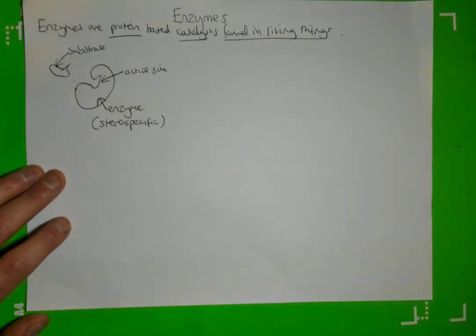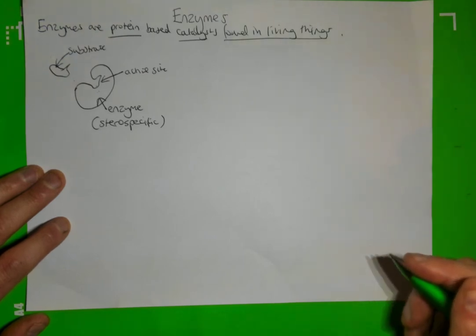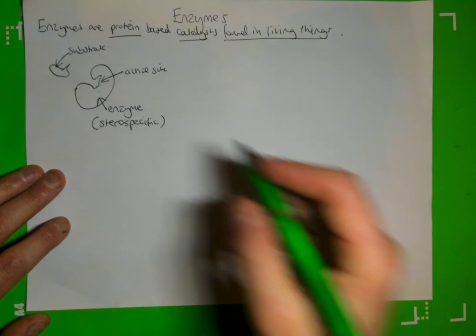Now, what we mean by stereospecific is that the particular enzyme can only bond to one enantiomer of the substrate or drug.